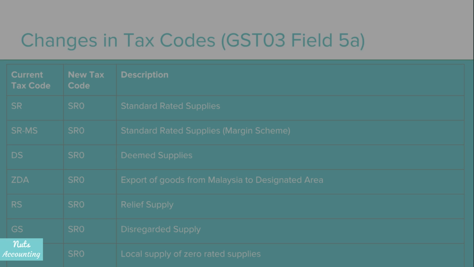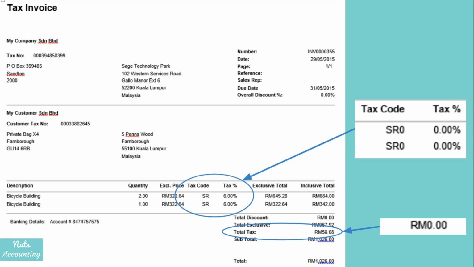Oh yeah, coming back to the tax invoice. Please take note that everything you are doing right now in your tax invoice, like the words tax invoice must be there, your invoice number must be in series, your date, the tax code, the tax percentage, everything that you see here, even your GST tax number, every criterion that has been set out previously in the GST Act 2014, you will still need to fulfill even though the GST is now at 0%.